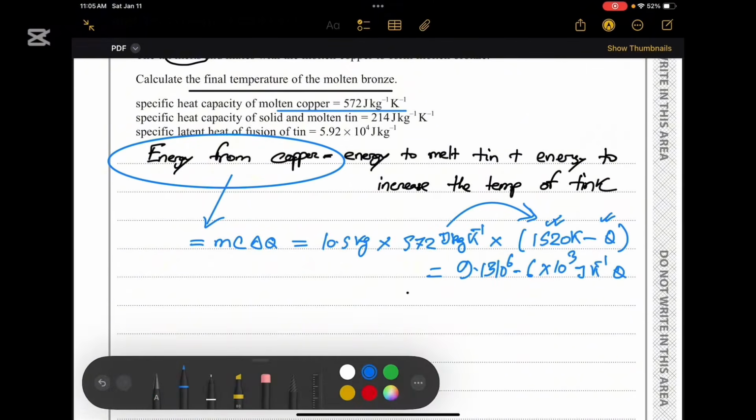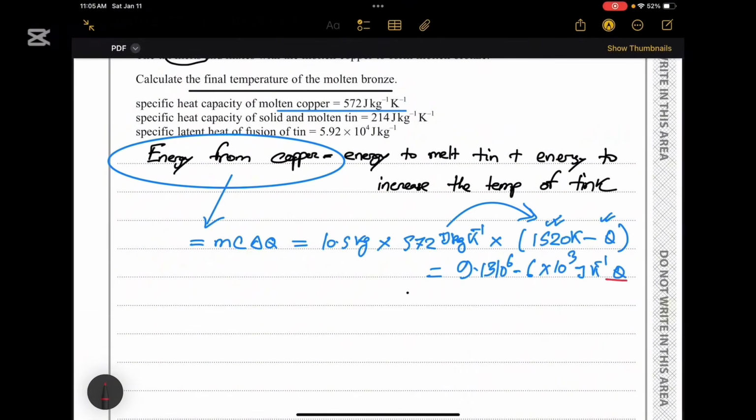This theta is very important. This is what we are actually going to find. So now we have figured out the energy from copper. Now we can figure out the energy transferred to tin, because this energy from copper has been transferred to the tin. So we can take these two values together. Okay, so let's take them down.